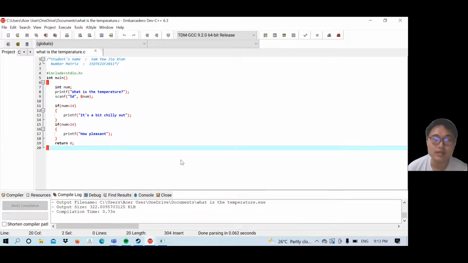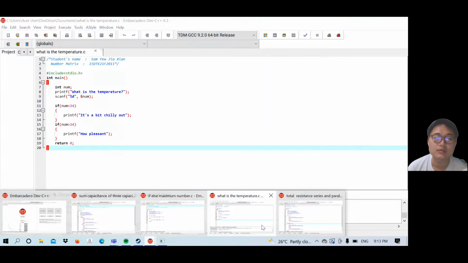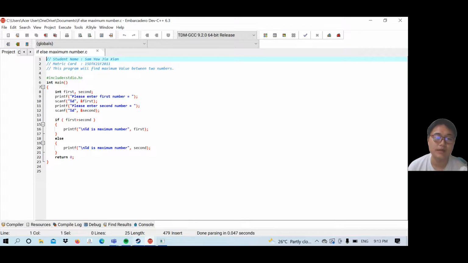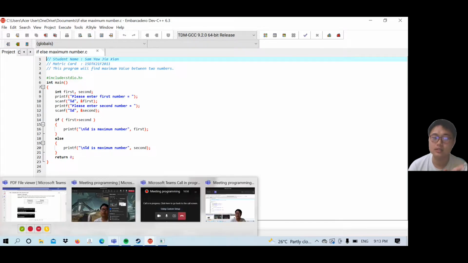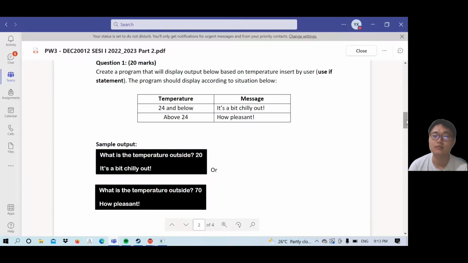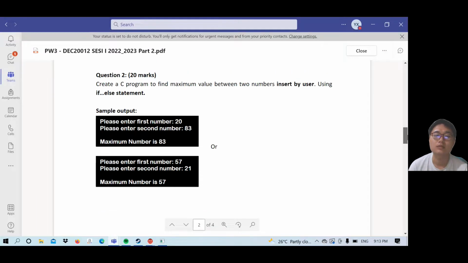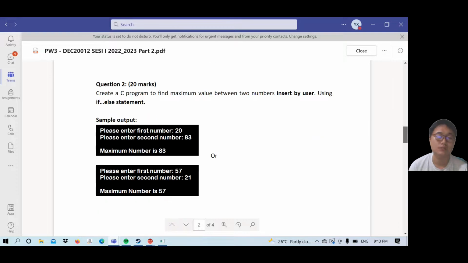And now let's transfer to the if-else maximum number program. But before we get into this C program, let's refer back to the question. So in question 2, it says create the C program to find the maximum value between two numbers inserted by the user using if-else statement.